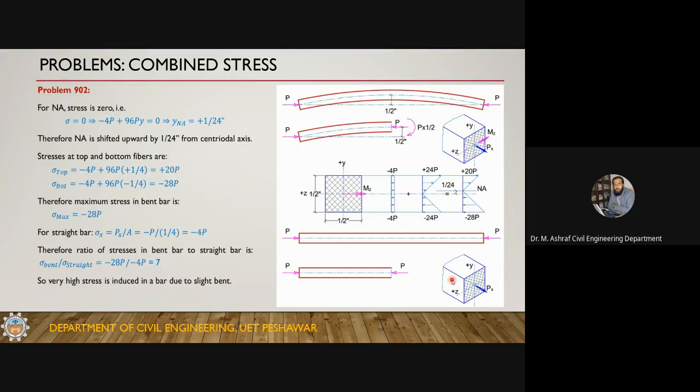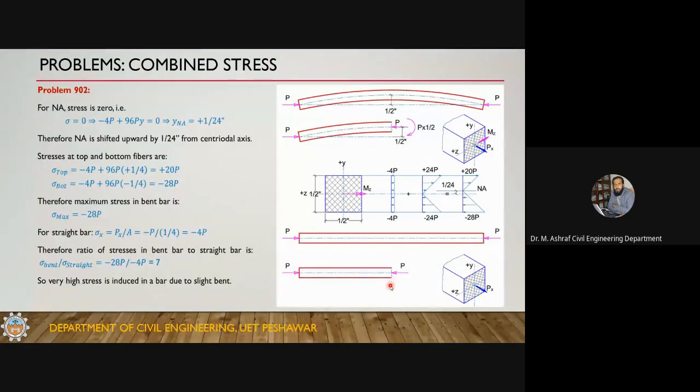In this case, the stress is sigma max equal to P over A, which is minus P divided by 1 by 4, so this results in minus 4p. Here you can see the stress is minus 28p, and here the stress is minus 4p. If you take the ratio, it is 7, so the stress in the bent rod is 7 times more than that in the straight rod.